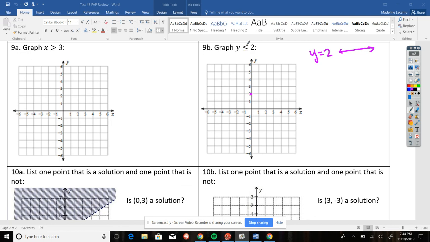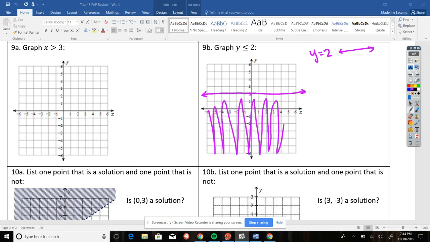And since this is less than or equal to, it will be a solid line. Now y is less than 2, so it has to be everything below. So we shade all of that. And that's it.